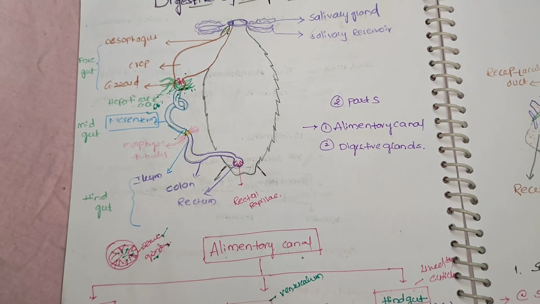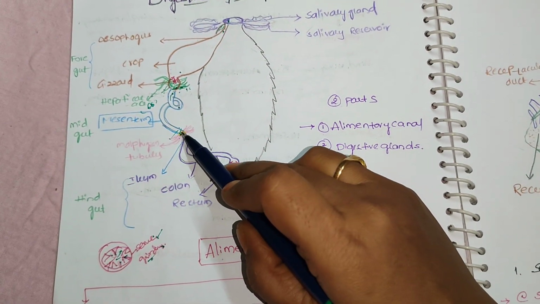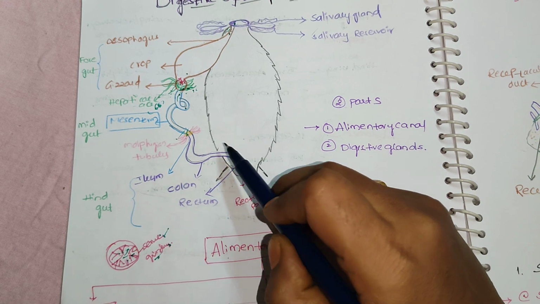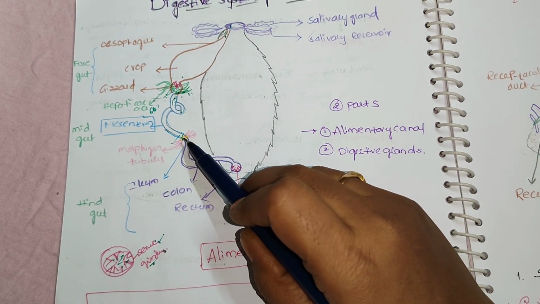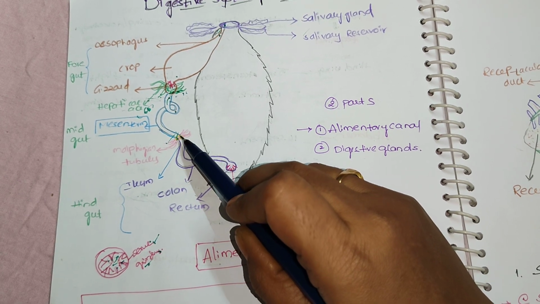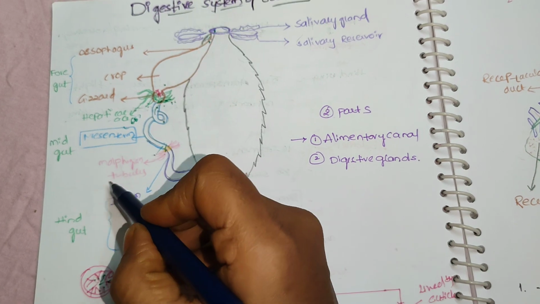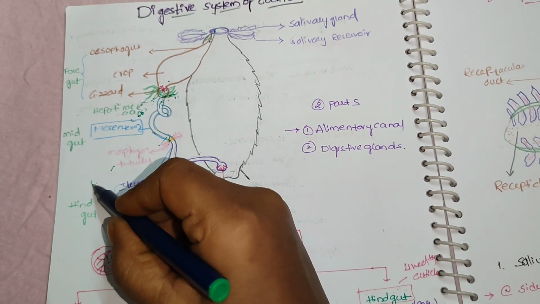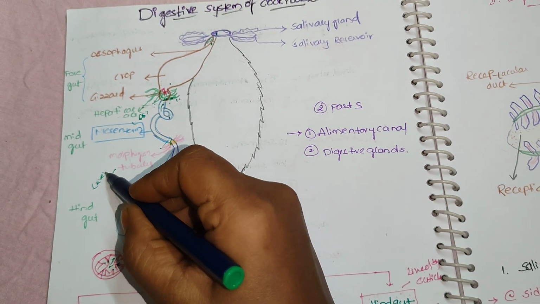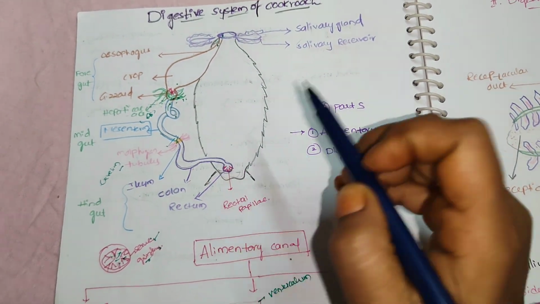Then the hindgut. The mesenteron enters into the hindgut. At the junction of midgut and hindgut, it has the Malpighian tubules. The Malpighian tubules are useful for excretion. Then it leads into the hindgut.